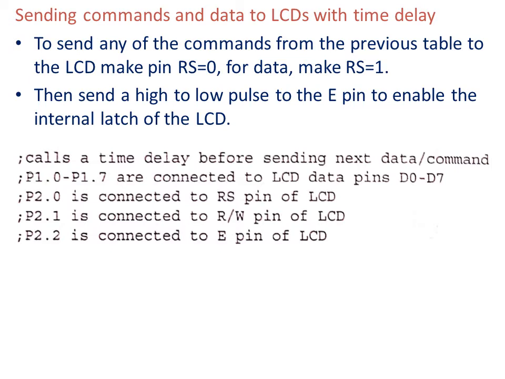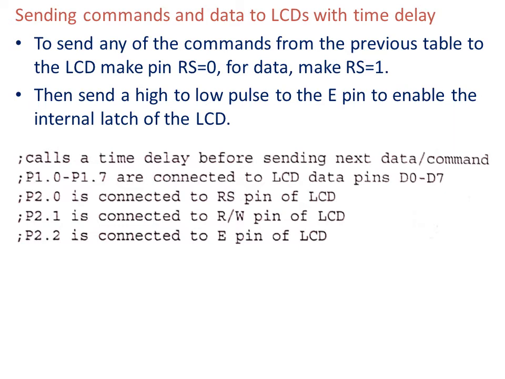To understand this process, let us consider one program. Here we need to do some initial adjustments: port 1.0 to 1.7 of the microcontroller are connected to LCD data pins D0 to D7. So this is the initial connection we need to do.